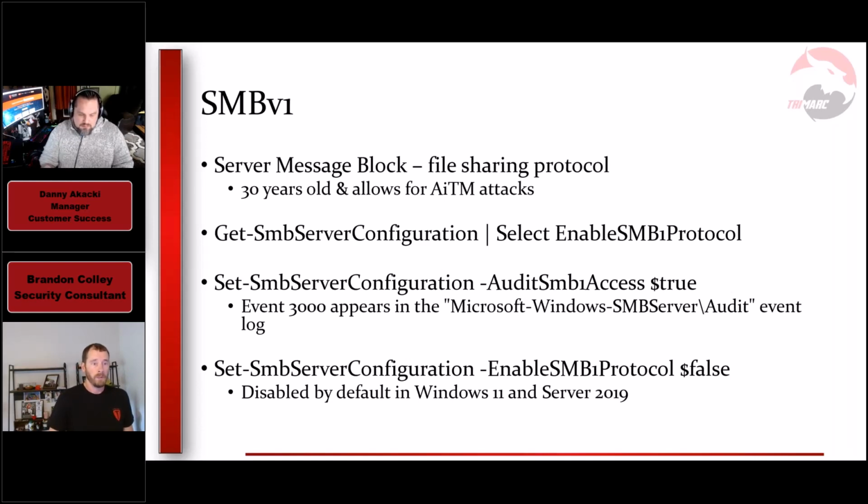It is important to note that by default, Windows 11 and Server 2019 do have this disabled, but you can enable it. And if you did an in-place upgrade, it may not have turned it off. So just because you say that you're running all Server 2019 doesn't mean that this is not necessarily a problem in the environment.